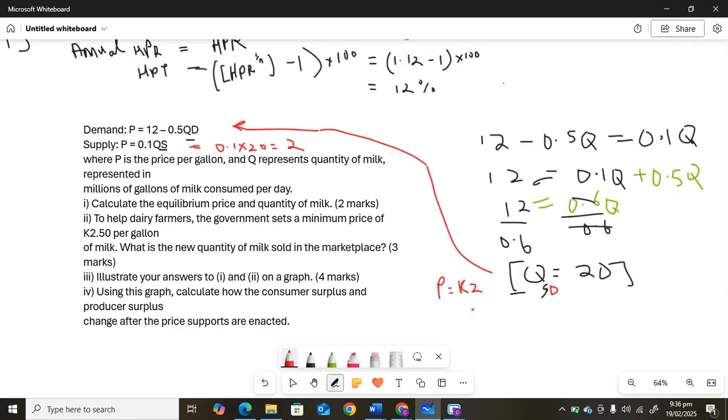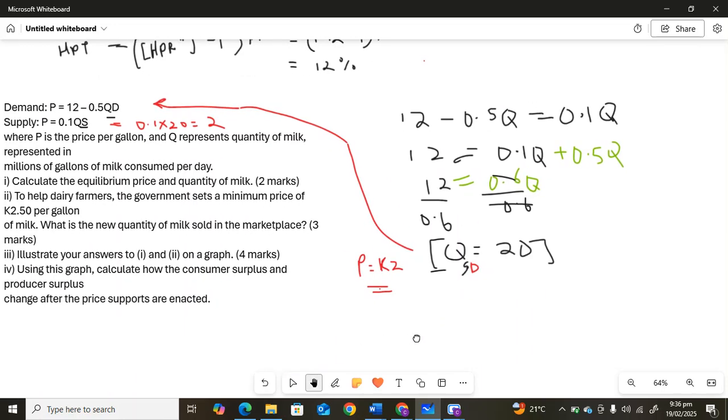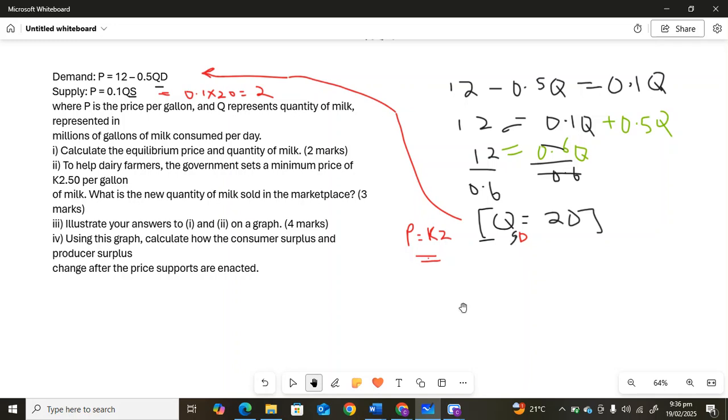Then we found the price. Yes, so here 12 minus 0.5 times 20.